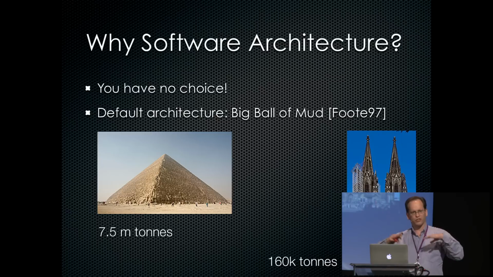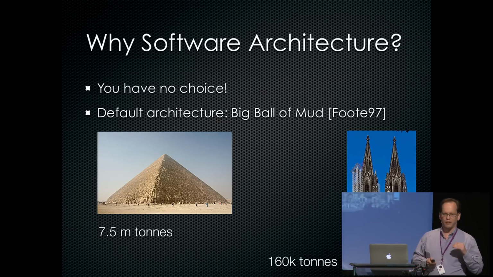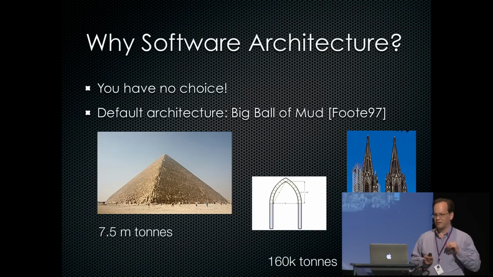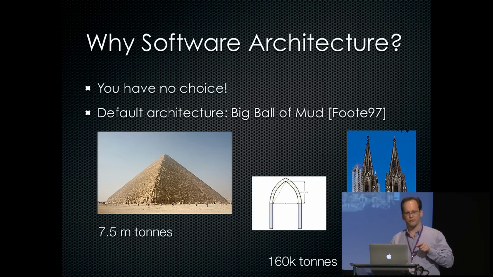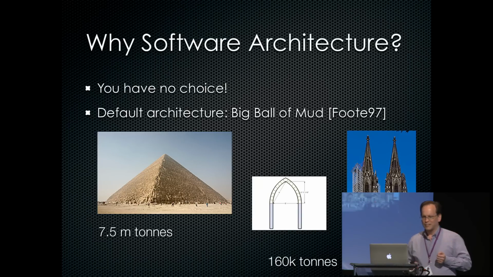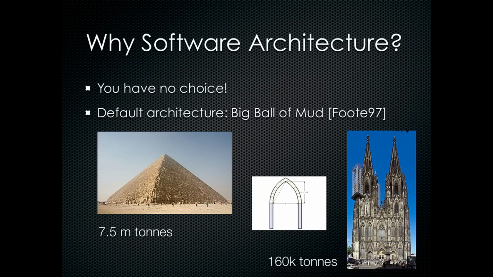No, both of them were just piling rocks on each other. But the arrangement of those rocks was different. And the big difference was the arch. The Egyptians did not use the arch. I think they knew about it, but they didn't use it for the pyramids, whereas for the cathedral, they used the arch and architecture. So that's the first level of motivation, coming from outside of the field of software.